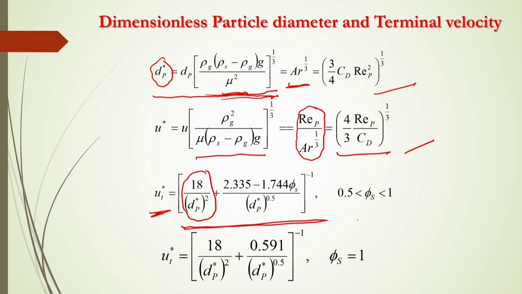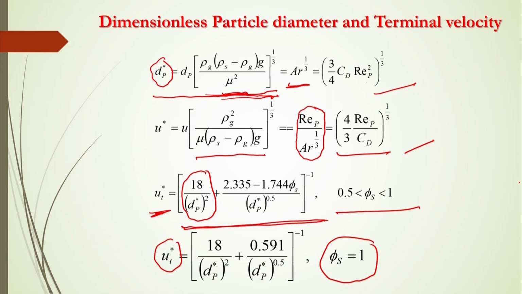Of course, it is valid within the range of 0.5 to 1 for sphericity. And then u t star will be equal to 18 by dp star square plus 0.519 by dp star to the power 0.5, the whole to the power minus 1. This is for sphericity equal to 1, like for a spherical particle.